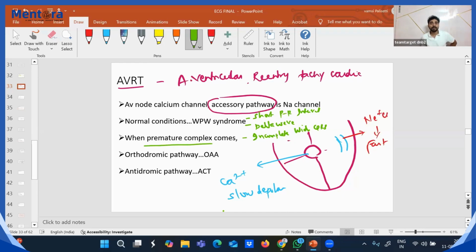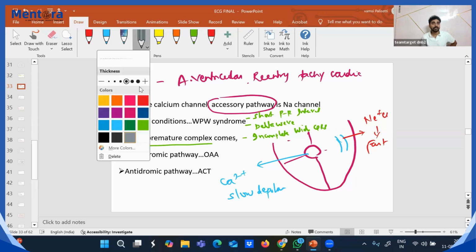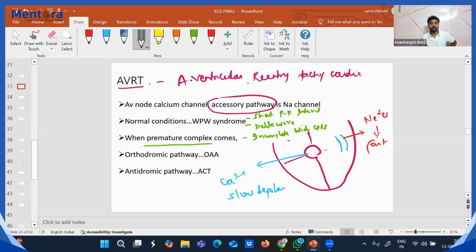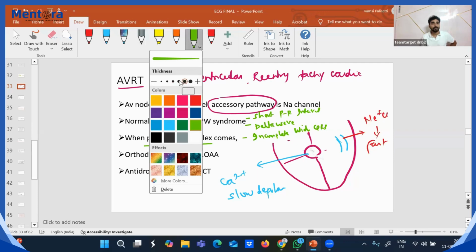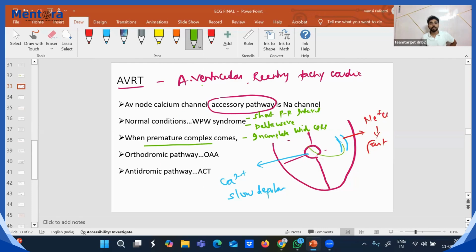When the premature complex comes, that premature complex can go to the AV node. I will just put one more diagram here. So this premature complex can go through the AV node and go through the accessory pathway and create a re-entry circuit like this.